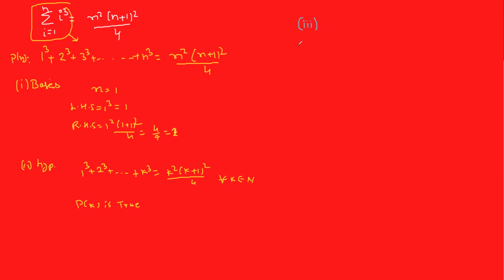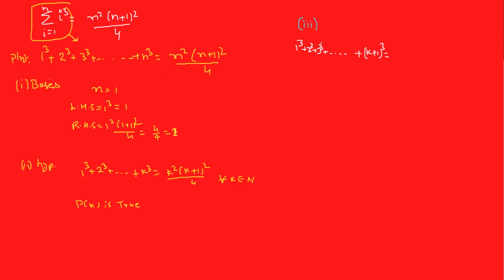So 1 cube, 2 cube, 3 cube, up to n replaced by k. Sorry, n is replaced by k. Okay. So in second step, do nothing. Only write in terms of k.